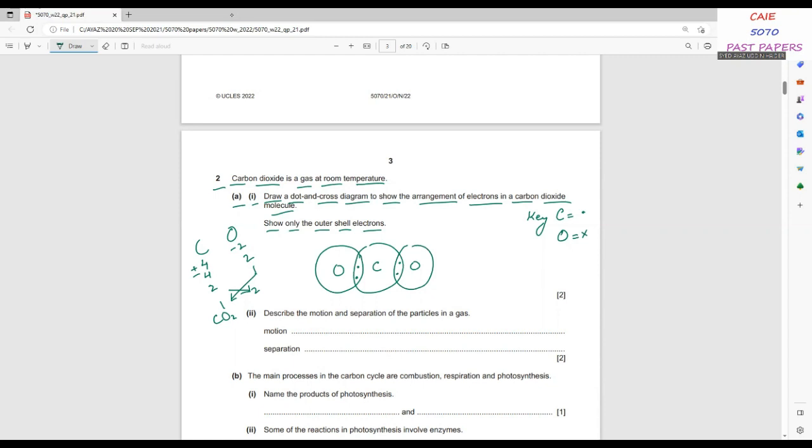So it must have 6 valence electrons. In order to complete its valence shell, they will share 2 of their valence electrons with 2 electrons of the carbon atom. So you will get this 1, 2, 3, 4, 5, 6. On the right hand side, 1, 2, 3, 4, 5, 6.